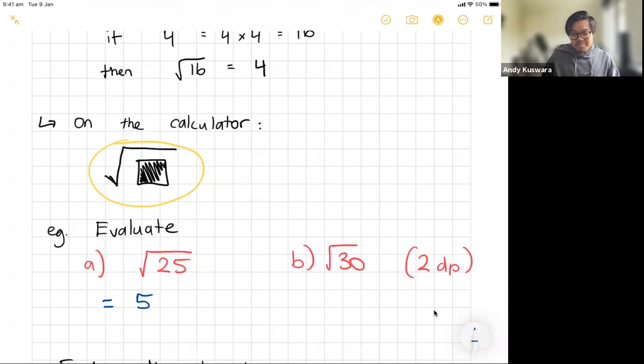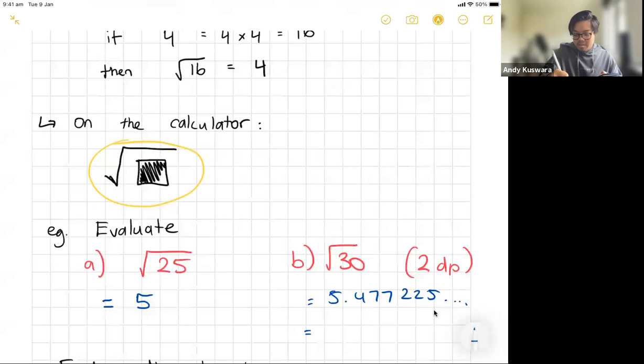Square root of 30. 5 times 5 is 25, and 6 times 6 is 36, so root 30 is in between. I've written 2 decimal places here, so we're going to use the calculator. You press the square root button, you press 30 underneath, and it should read something like 5.477225 and so on.